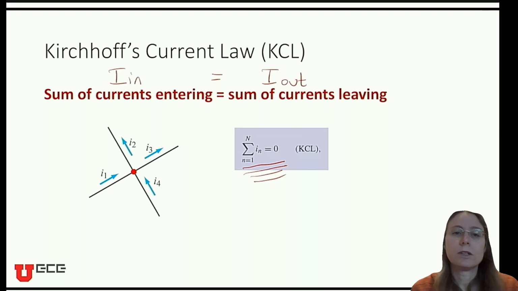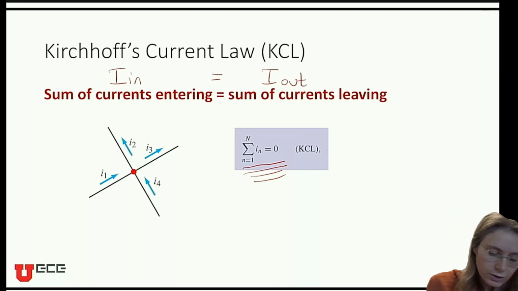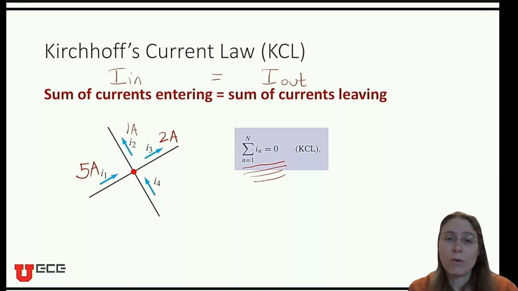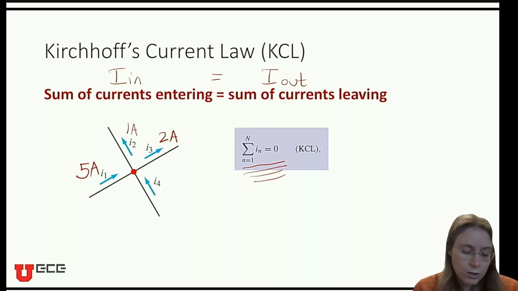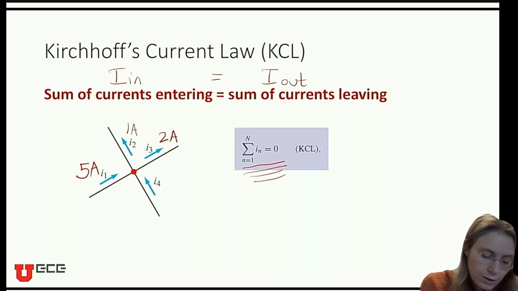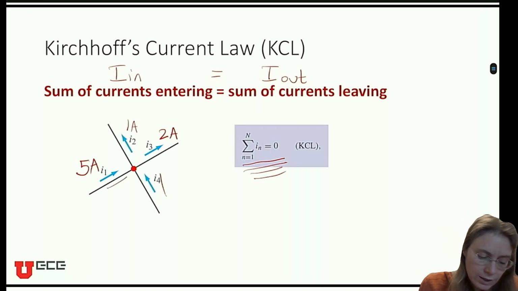So let's do an example here with this circuit on the left. Let's imagine that I1 is 5 amps, I2 is 1 amp, and I3 is 2 amps. So then what must I4 be? If you notice, these two arrows are going in, so I'll put them on the left side of the equation, 5 plus I4.